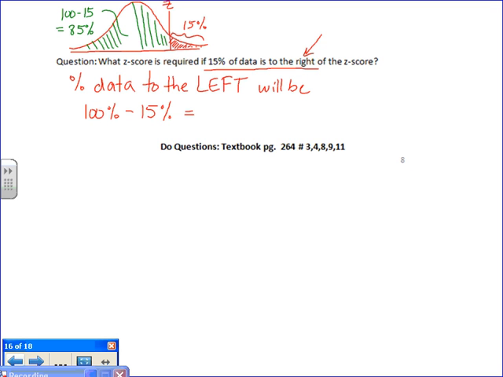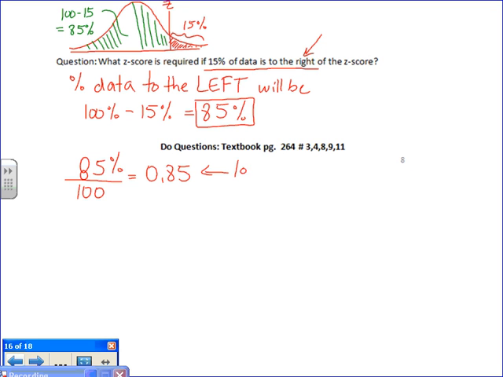So 85% is to the left of the z-score, and that's what we need to look up on our table. Remember, your table only reports areas to the left of a z-score. So let's change 85 into a decimal. We'll divide it by 100 and get 0.85.